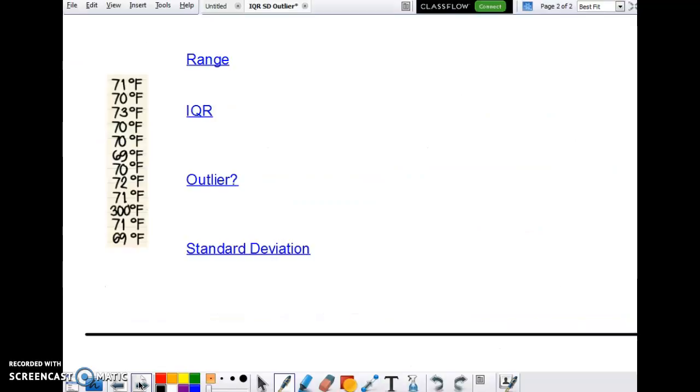So, here's some temperatures, in Fahrenheit. Let's work out the range. Range equals max take min, which is a maximum of 300.